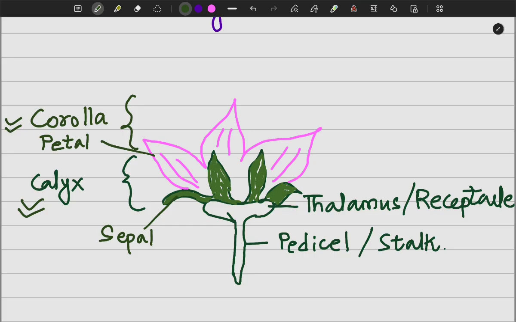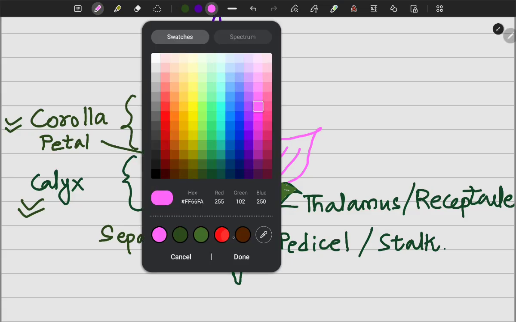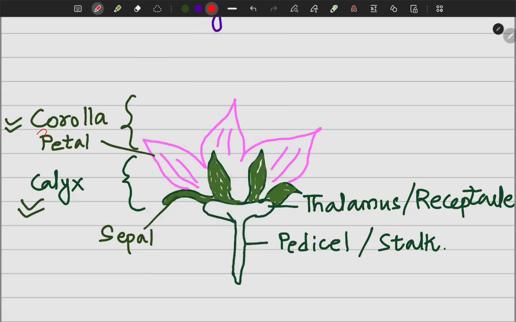Alright, so the calyx and the corolla together make the accessory whorl or the accessory organs. This calyx and corolla are the accessory organs of the flower.